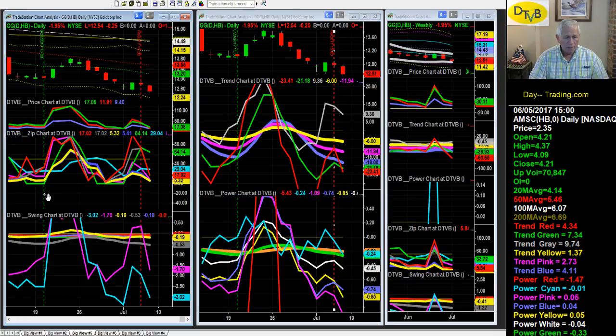This is the 3rd day now, which defines a pink-green bottom, and those are reversal patterns going up. And so on this example, it's telling us with price lines low, with the zip green bottom pattern, we're going to go up.